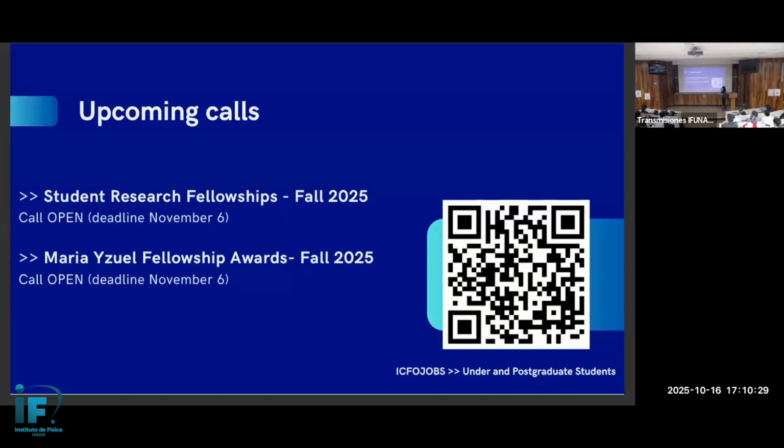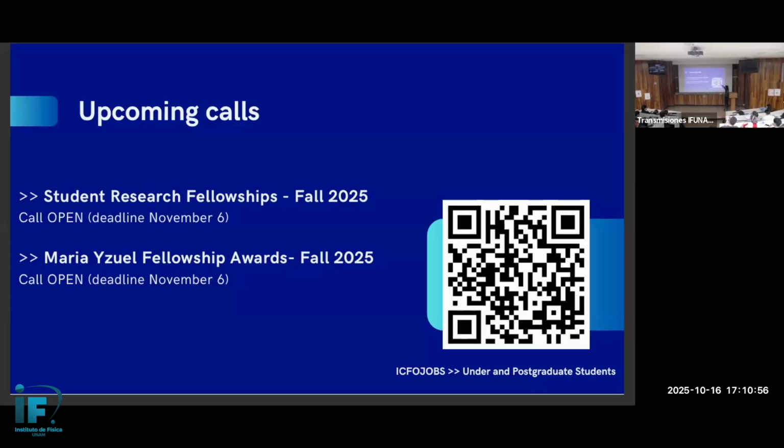If you are interested in these 2 programs, the calls are open and the deadline is 6 November. If you are interested but not right now, be aware that we have 3 calls per year, so you can check the next one, which will open in March.